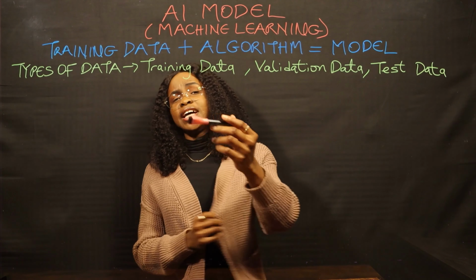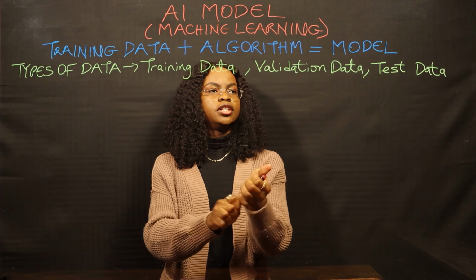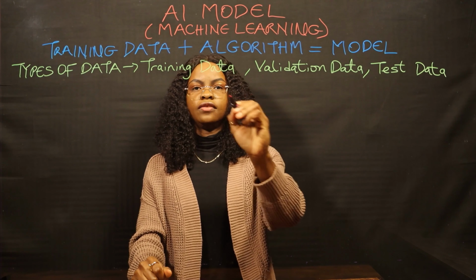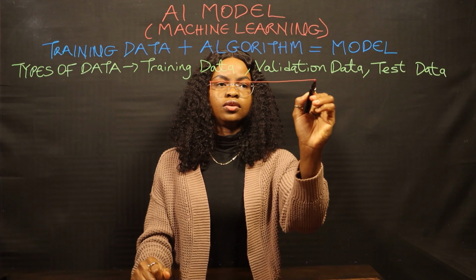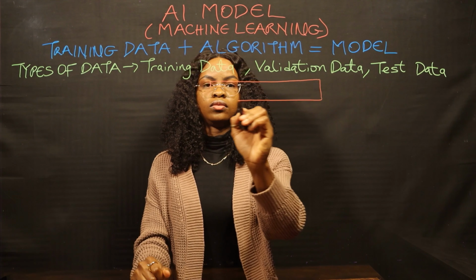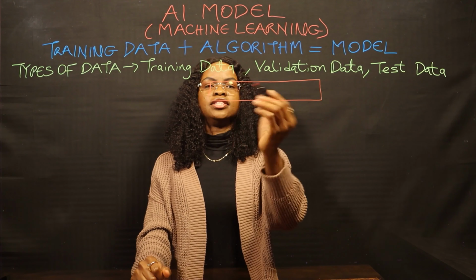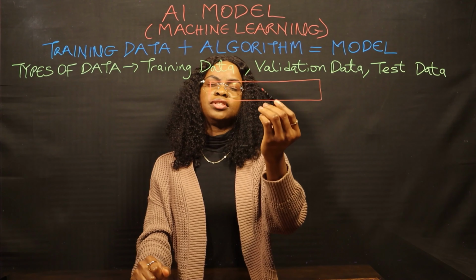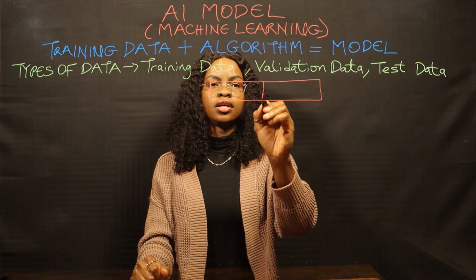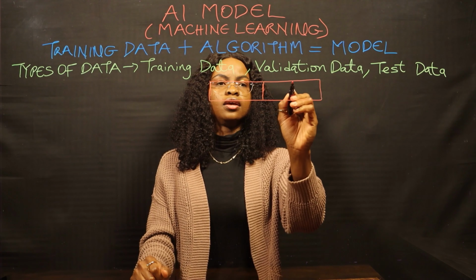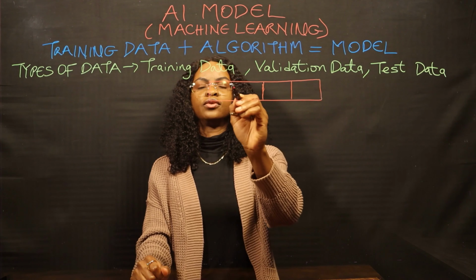So what is training data? Training data is a collection or a subset of, so let me visualize this for you. This is your data in total. Industry standard is to use about 60% of the entire data you have to train, and then 20% for validation, 20% for tests.